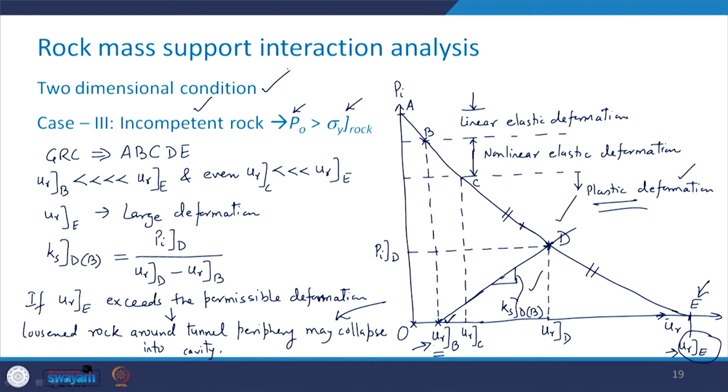2D conditions. So, for different types of rock, like in case of the competent rock, you had the completely linear response. In case of the incompetent rock, but when this P naught was less than the yield stress of the rock, there the whole system was in the elastic domain, although it went into the non-linear regime, but still it was in the elastic domain.